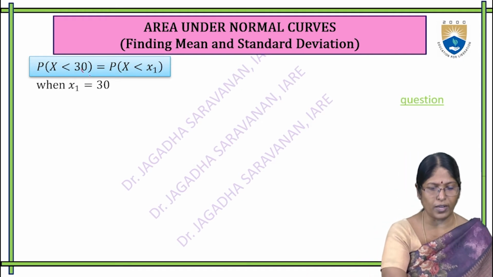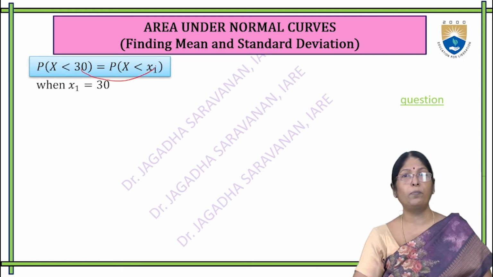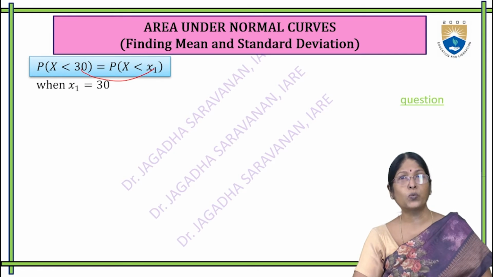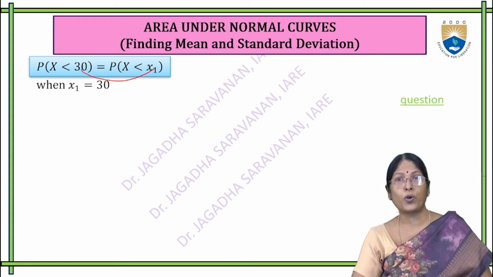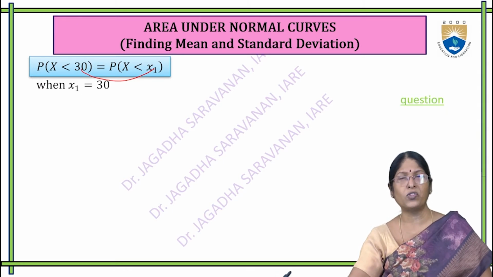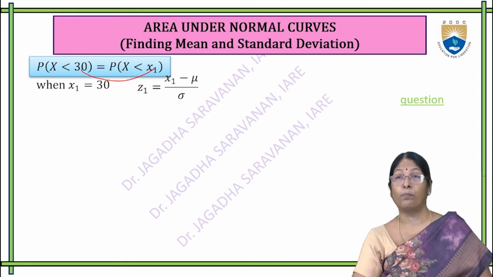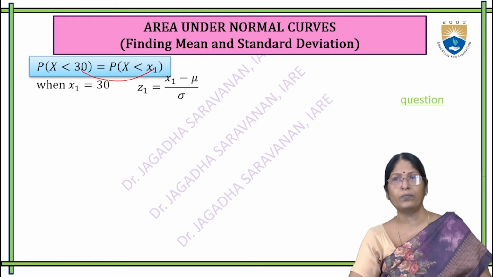Now this 30 we give the name x1. When x1 equals 30, our procedure, as in the previous problem, is to convert into z1. Then only can we use the normal curve. The z1 formula is ready: x1 minus mu by sigma.